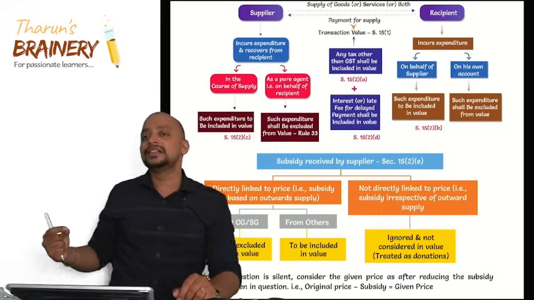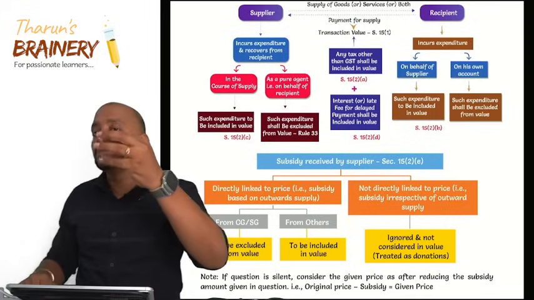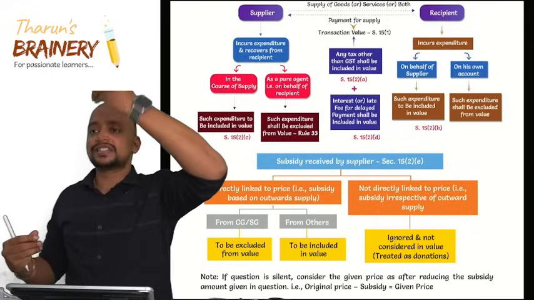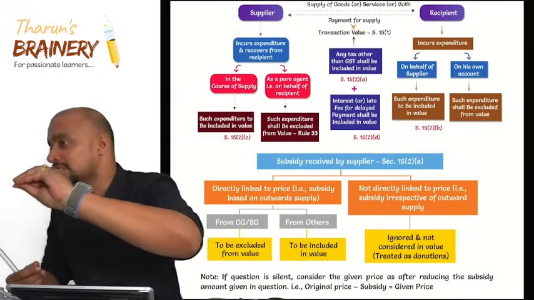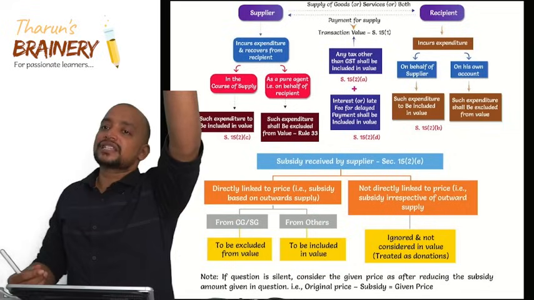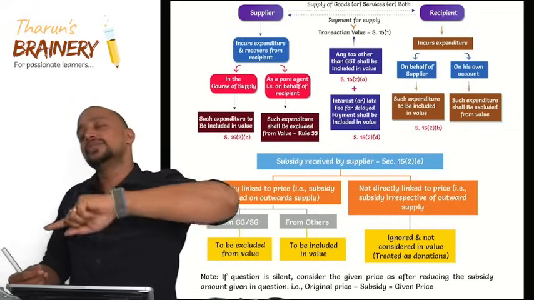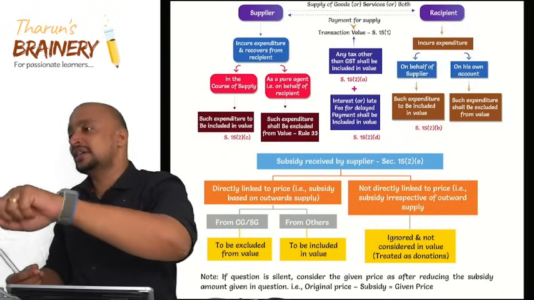And this interest will not be taxed as a standalone transaction. This interest will be included in the value of original supply. Suppose if the original supply, that is the invoice, is taxable at 12%, this interest also taxable at 12%. If the invoice is taxable at 18%, this interest is because of non-payment of that invoice only, no? So therefore, if invoice is taxable at 18%, then this interest also will be taxable at 18%.